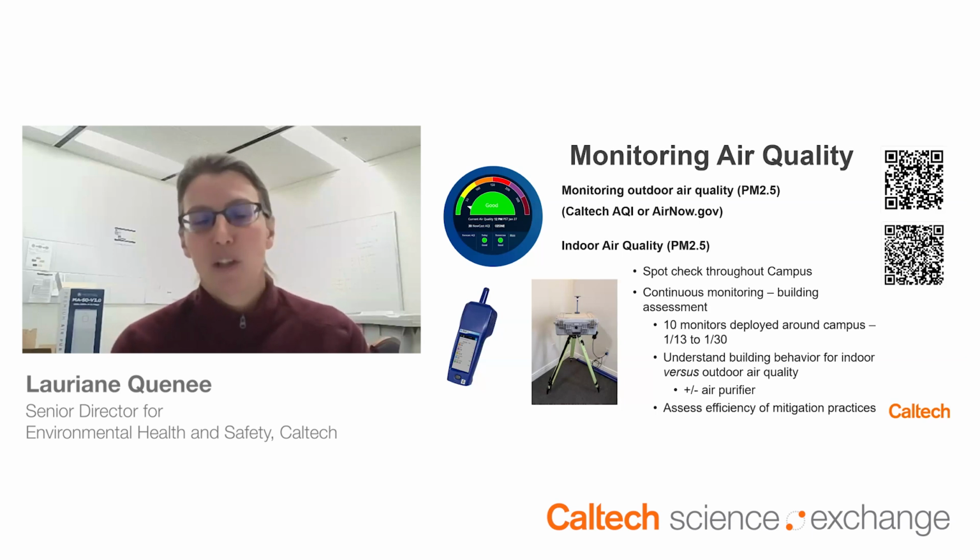We even had a little experiment with a room that had an air purifier turned on in the middle of the measurement to see if we could measure the impact of a single air purifier in a room. And so we don't have the data yet. We're going to look at that.